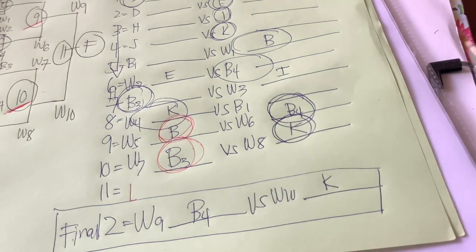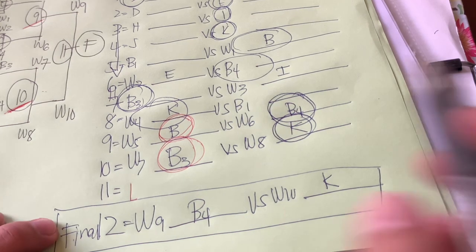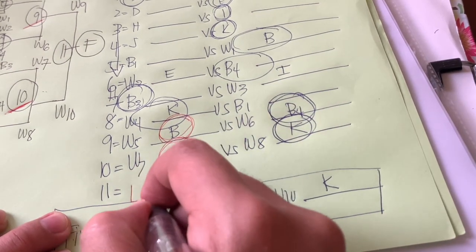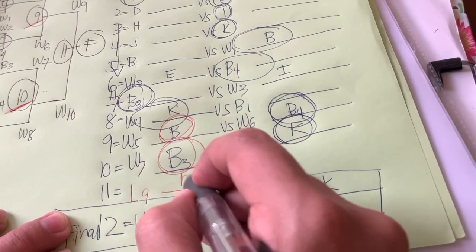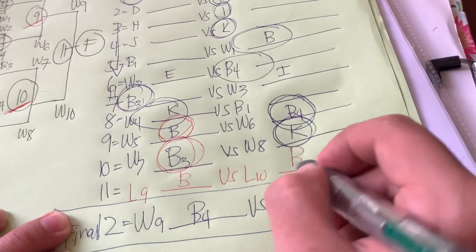But in some tournaments, the rules define that on the third round, whoever loses will have to play another round to determine who's going to be the third placer, or the bronze match. Okay, so it will be loser 9, which is here B, versus loser 10, which is bye 3.